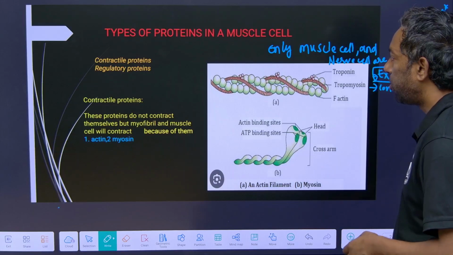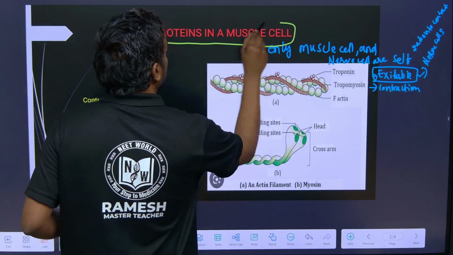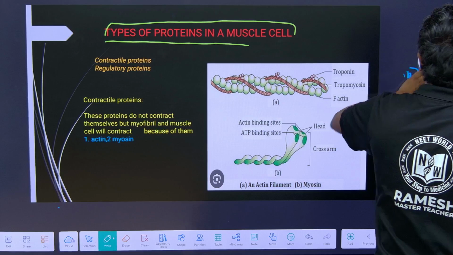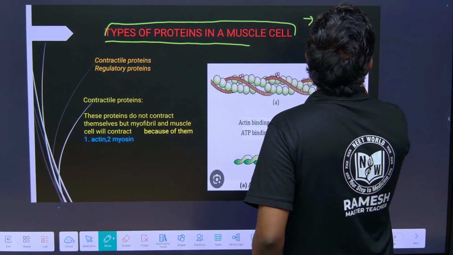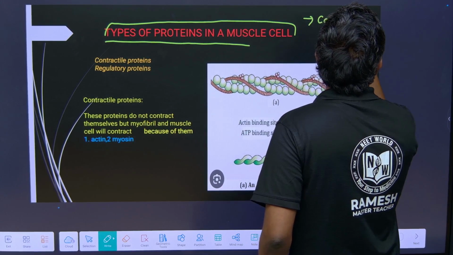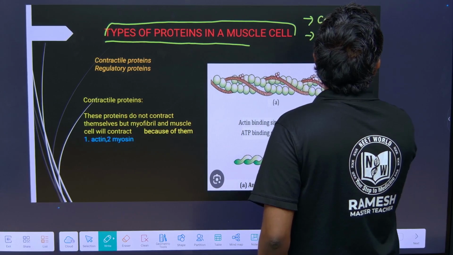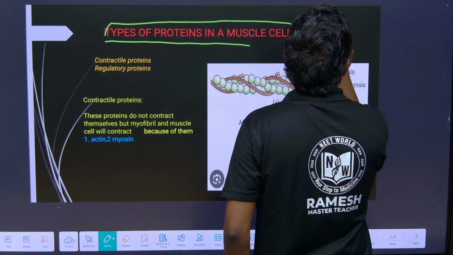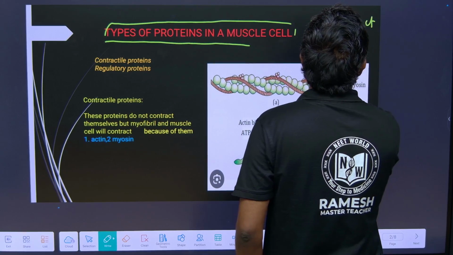Types of proteins in muscle contraction. Muscle can contract and muscle can be excitable.